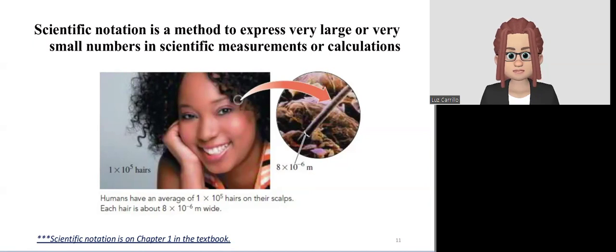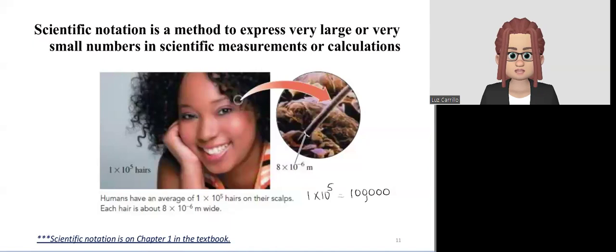On average, humans have 1 times 10 to the 5 hairs on their scalp. So what that means in terms of regular notation is that if we have 1 times 10 to the 5, this is 1 with 0, 0, 0, 0, 0. This is going to be 5 zeros.